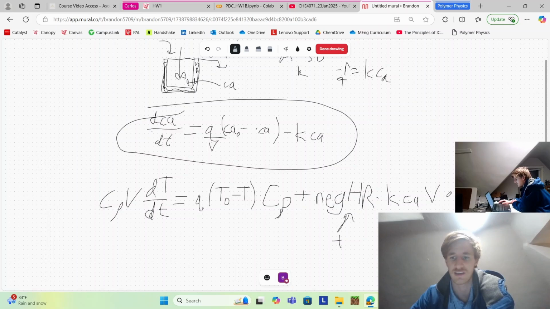And lastly, we have heat lost from the cooling jacket. So that is a negative. We're going to multiply by our heat transfer coefficient. That is going to transfer heat based on our temperature difference. So, not T naught, so T minus Tc.